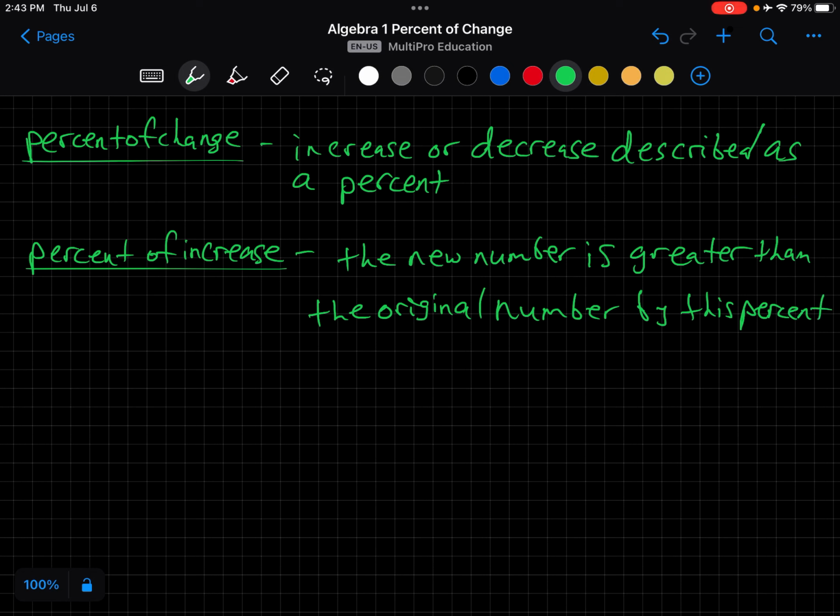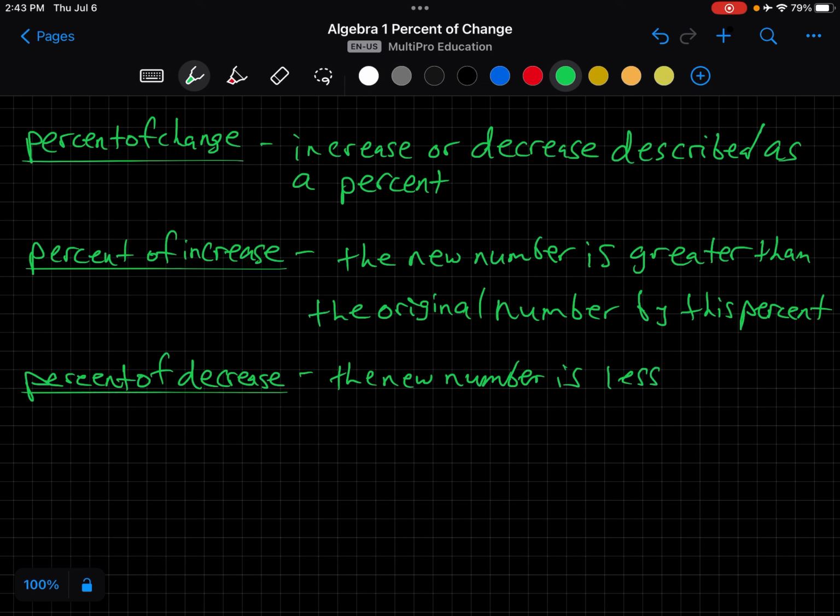Okay, and then similarly, if we look at percent of decrease, we find that the new number is less than the original number by this percent. So we're comparing two numbers. We have an original number, and then we have a new number.